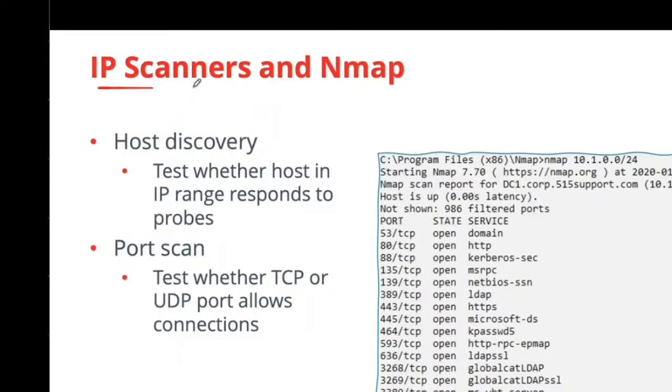Then there are IP scanners, and Nmap is the name. Whenever you go for IP scanning, there's only one name that people will talk about, that is Nmap. Scanning a network using tools like ping is time consuming, non-stealthy, and does not return detailed results.